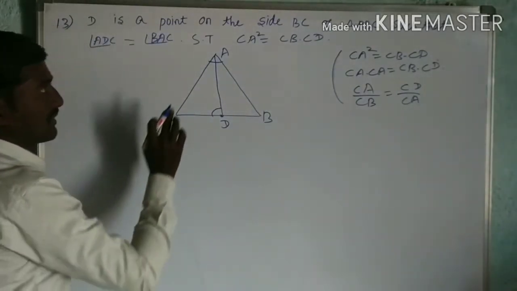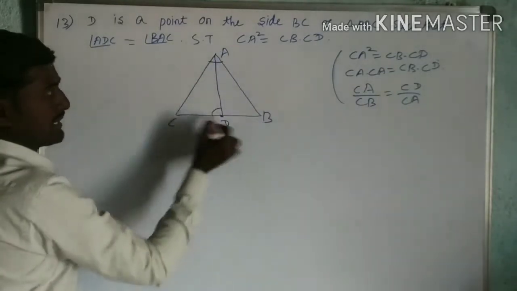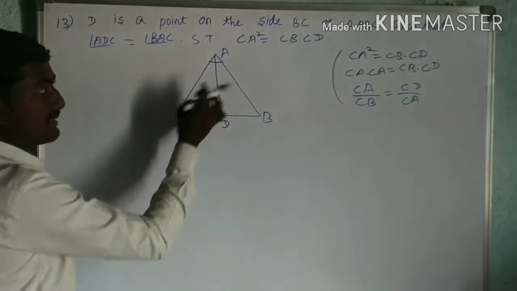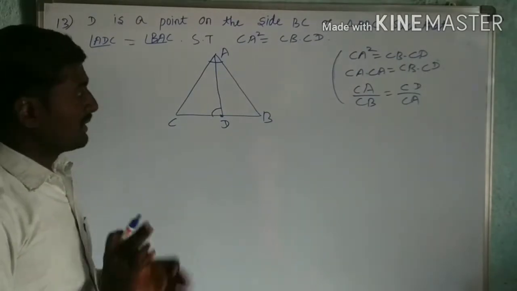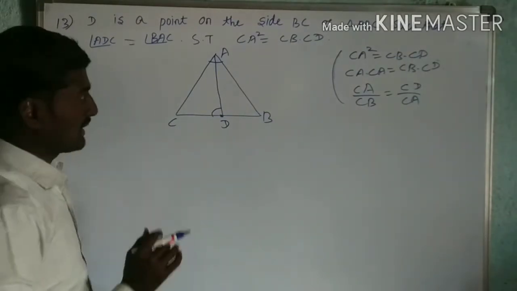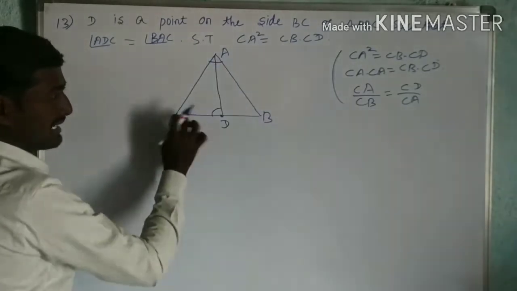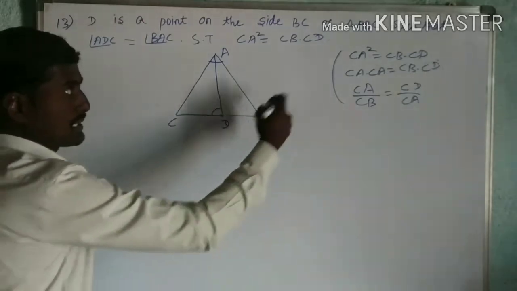This angle is one angle of triangle ABC and another angle of triangle ADC. They have given that these two angles are equal. It indirectly shows that if I prove triangle ABC similar to ADC, then is it possible to get this condition?